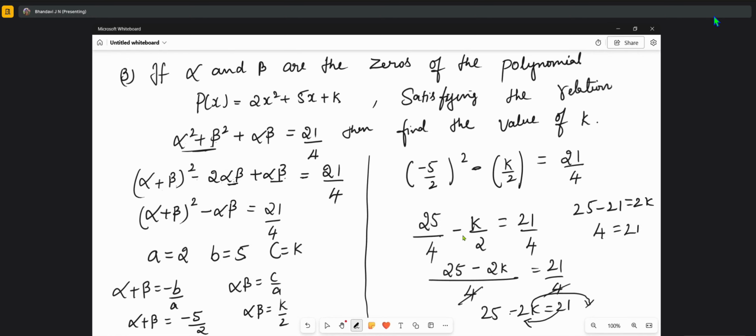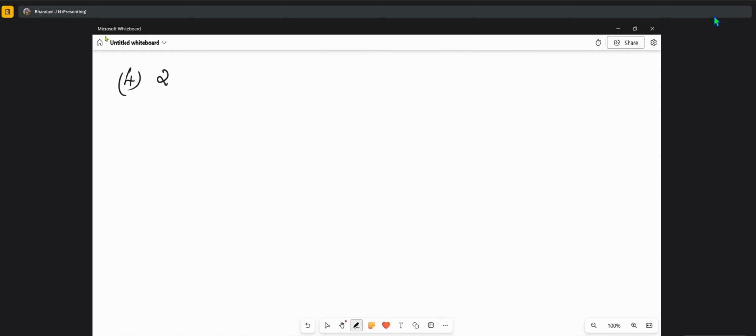4 is equal to 2k, and k is equal to 2. Sometimes in this type of problem, that is 2 root 3 x square minus 5x plus root 3, when this is an exam problem, 2 root 3 x square minus 5x plus root 3.